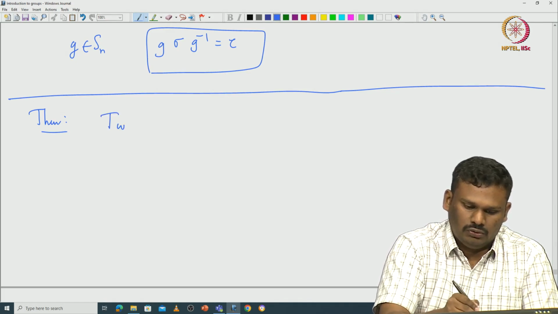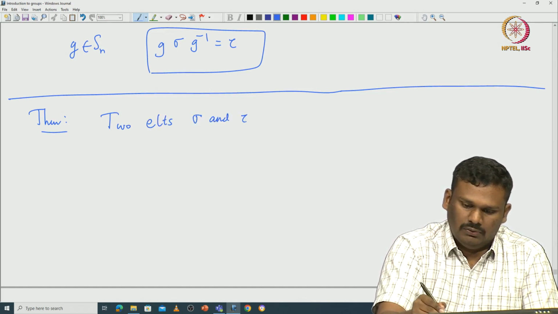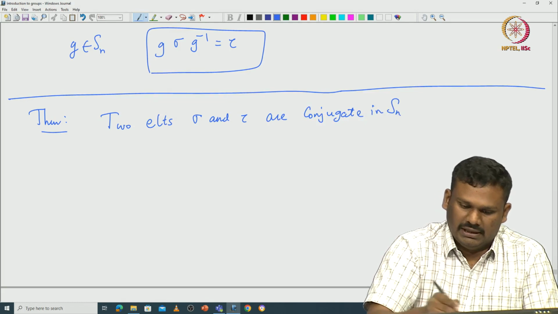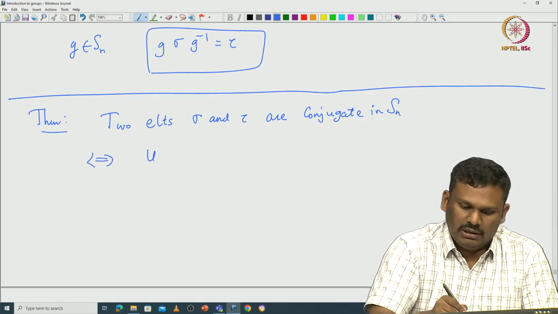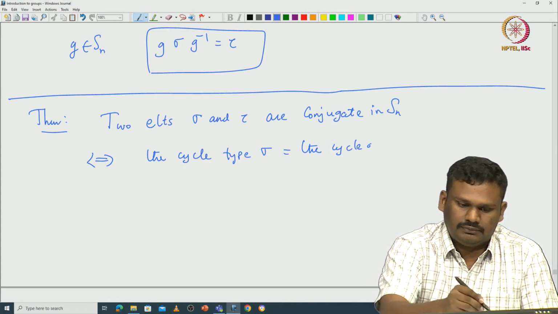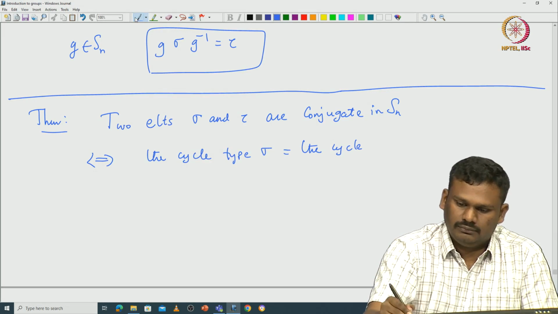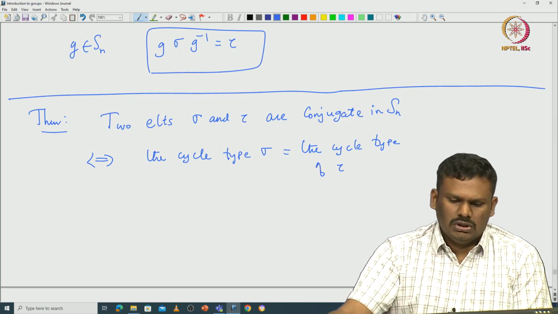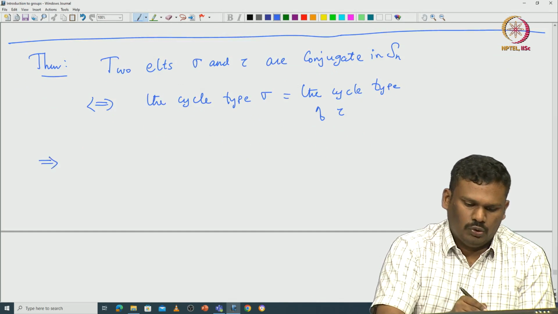Two elements sigma and tau are conjugate in S_n if and only if the cycle type of sigma is the same as the cycle type of tau. Okay. So, one way is obvious. Okay, let us prove one way.